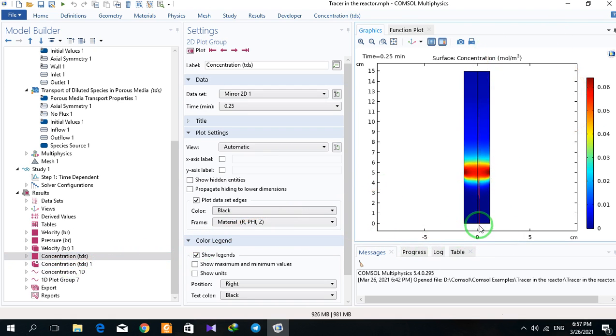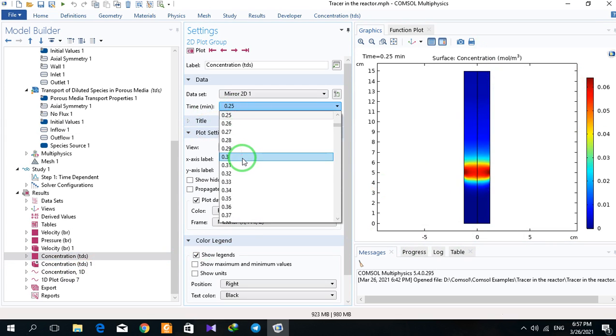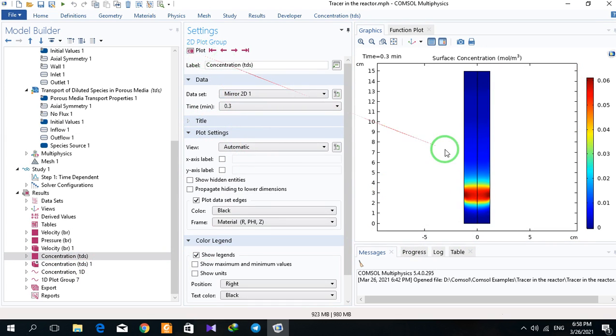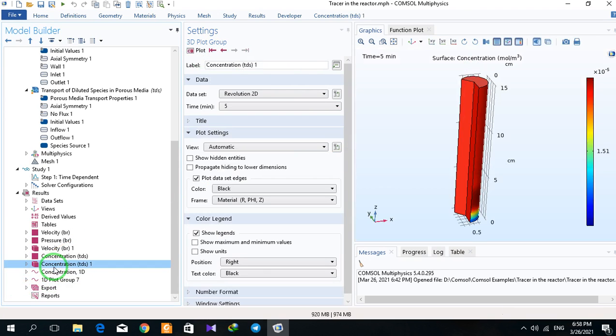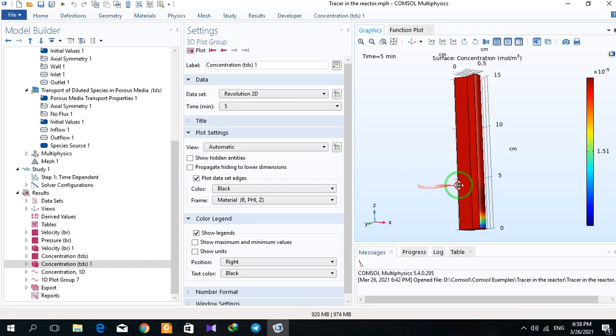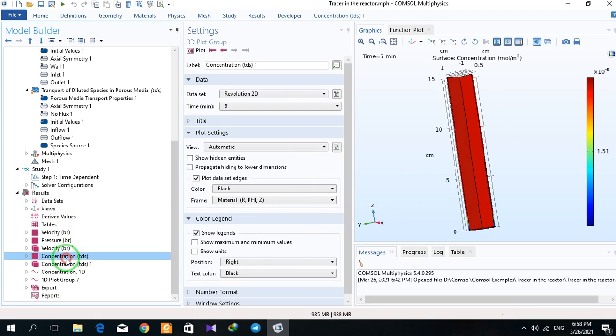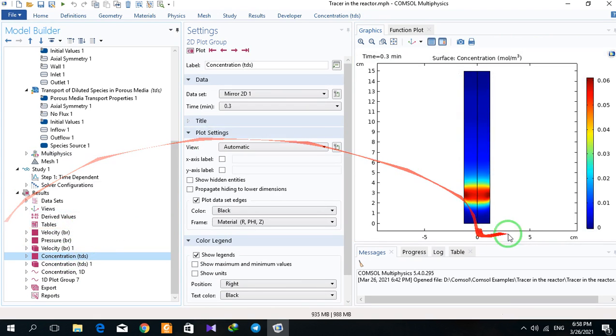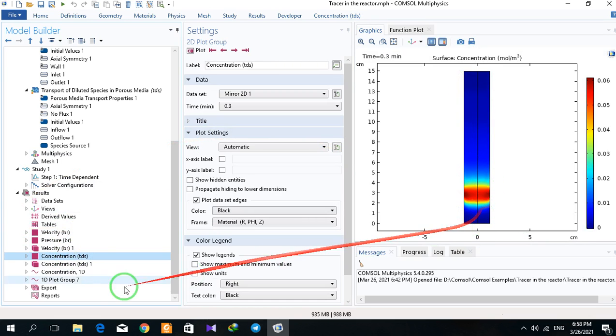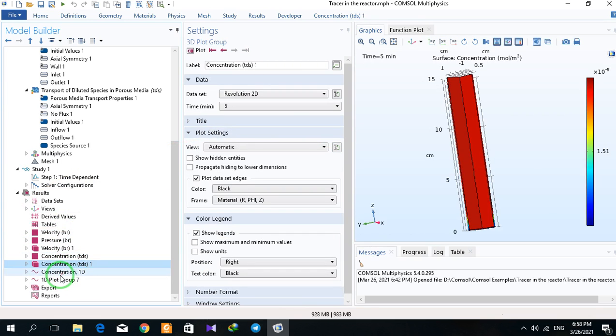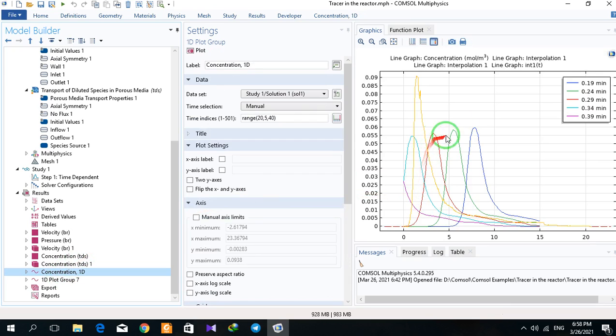It's an important point that some people use to calculate the non-ideality of reactors. So it is the 3D concentration, but for evaluation it is better to use this. So it is a concentration profile.